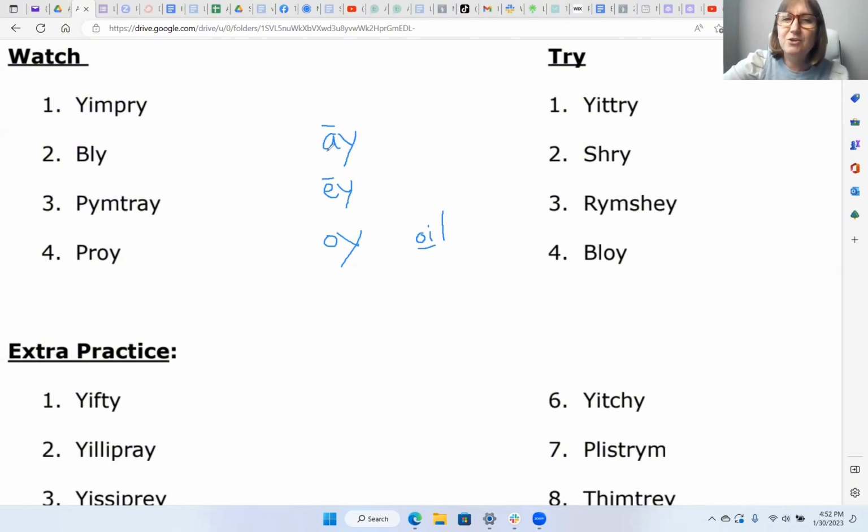So these almost always come at the end of the word, like play, key, and toy. If Y is part of a vowel team, it has its own little sound: A, E, and OI. Okay, so here is OI. Yeah, thanks, Mary. So this one, EY, it will say another sound sometimes, but not often enough for me to include it in this lesson.